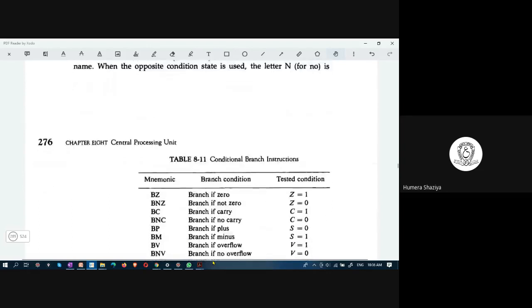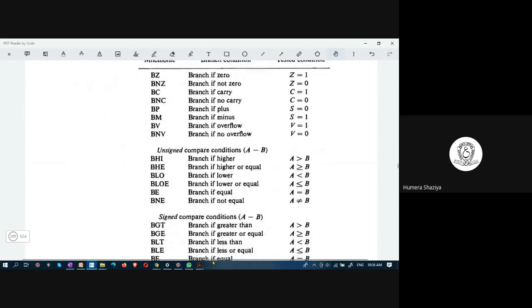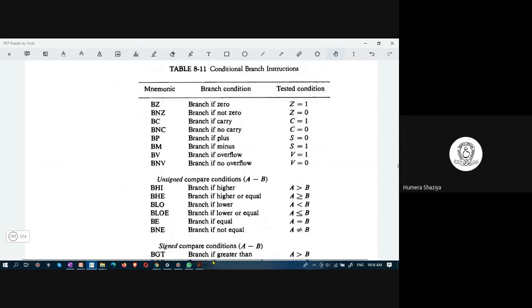Conditional branch instructions would make the system branch to another location based on certain conditions. What are the conditions that are tested here? Tested condition is Z equal to 1.